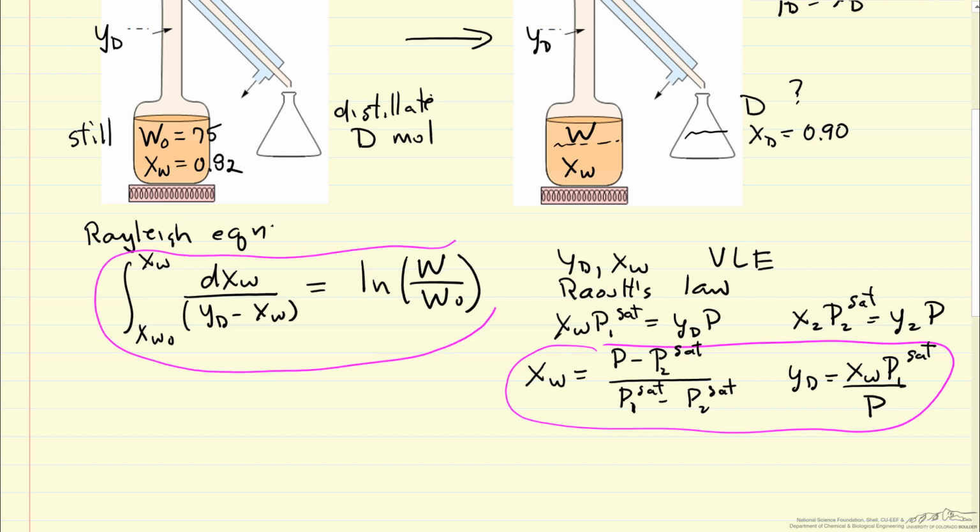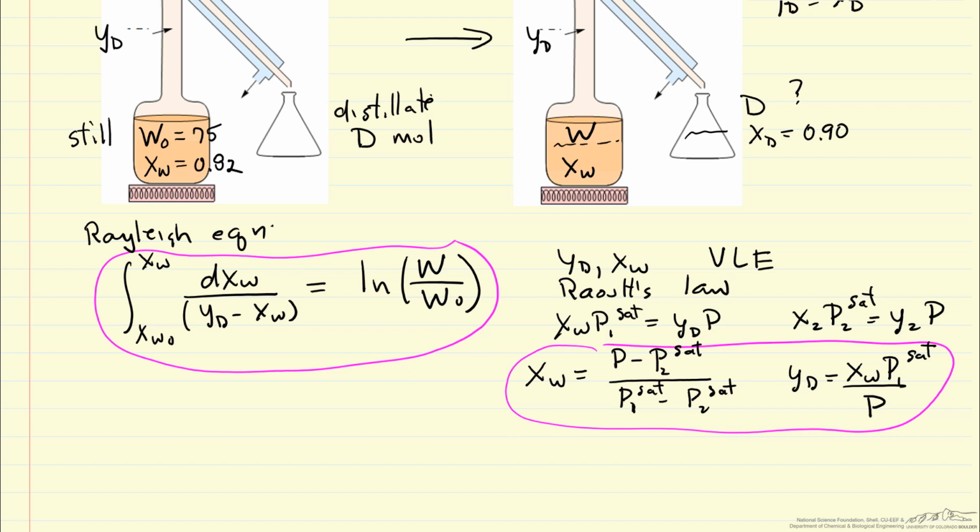We're going to solve the Rayleigh equation. I'm going to substitute XW and YD into the Rayleigh equation. So the thing you're going to see right away is that the XW and YD depend on saturation pressures, which depend on temperature. And so it's not an analytical solution. We're going to have to solve this numerically. So let's write down the equations for the saturation pressure.